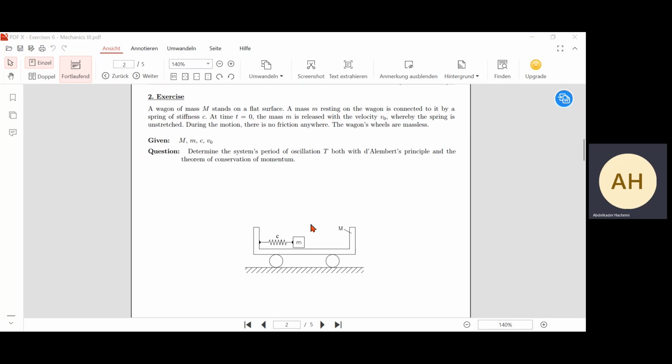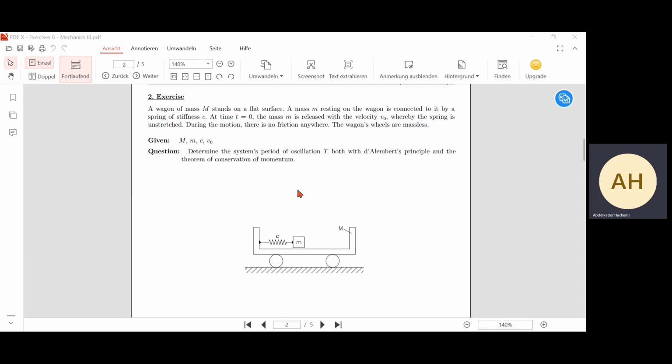A mass, small m, is resting on the wagon, which is connected to it by a spring of stiffness C. At time t equal to 0, the mass m is released with the velocity v0, where the spring is unstretched.